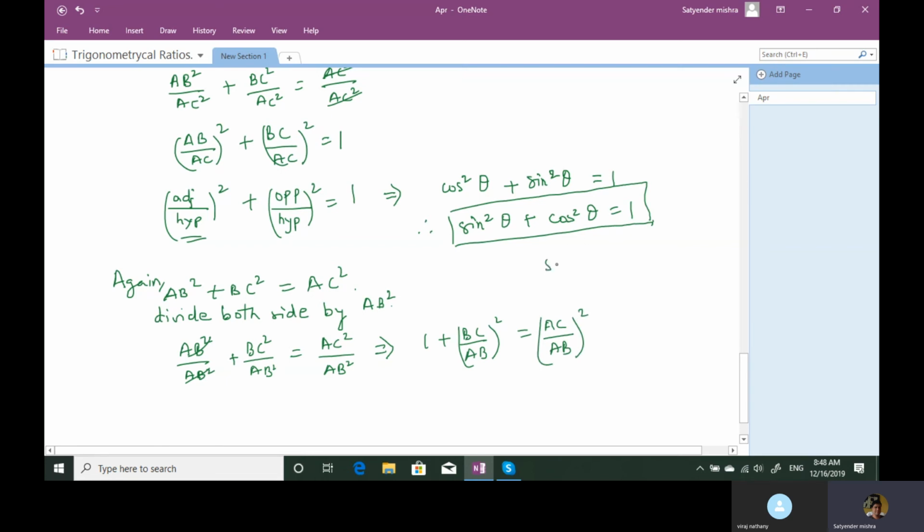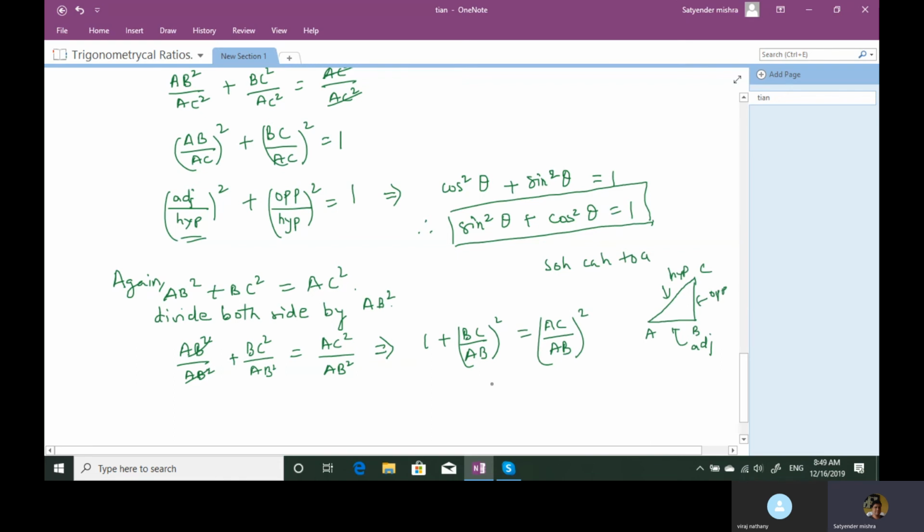So again we apply SOH CAH TOA. And this is our triangle, we know, right? This is A, this one is B, and this one is C. So this one is adjacent, this one is opposite, and this one is hypotenuse.